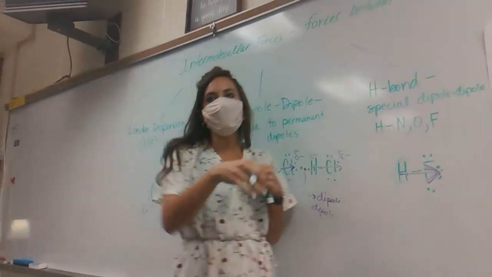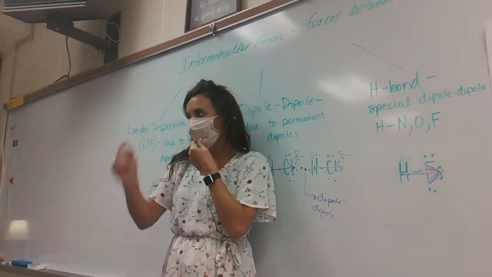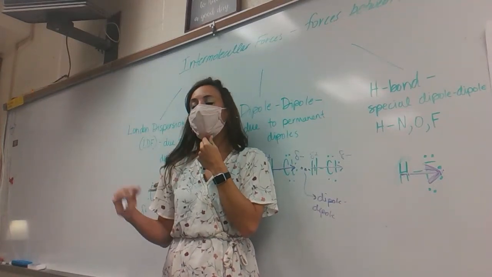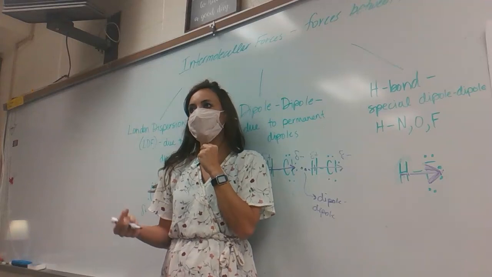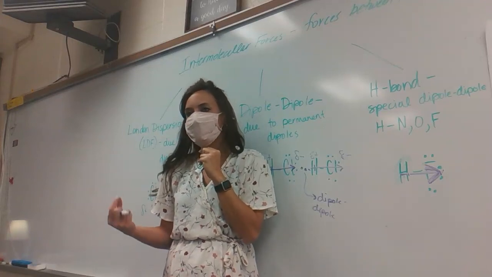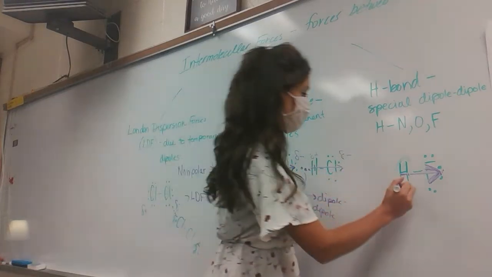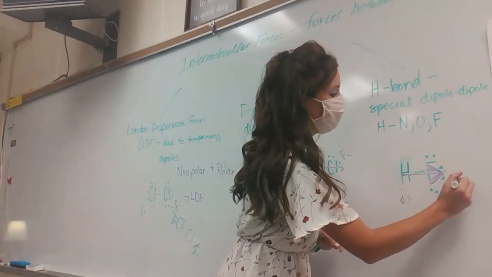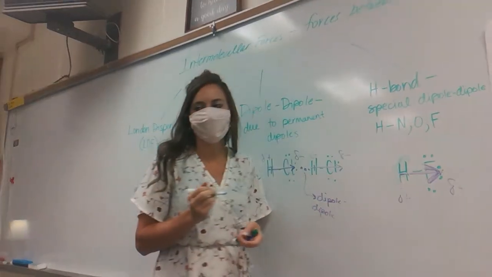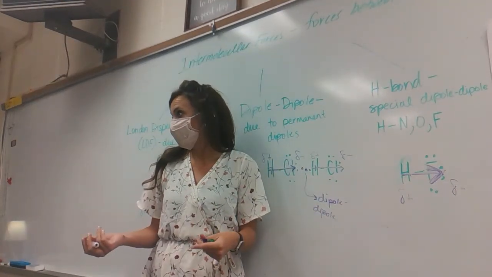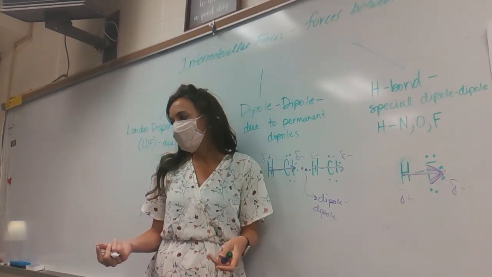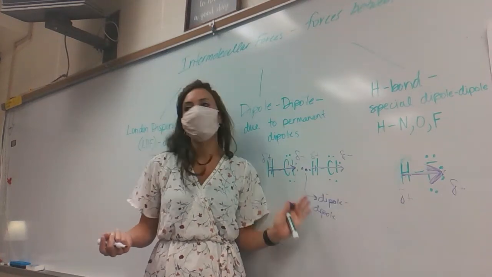And when hydrogen gets its one single electron pulled away, all that's left behind is an exposed, very positive nucleus. And that very exposed nucleus makes this partial positive side and this partial negative side extreme, to where hydrogen bonds are stronger than dipole-dipole.